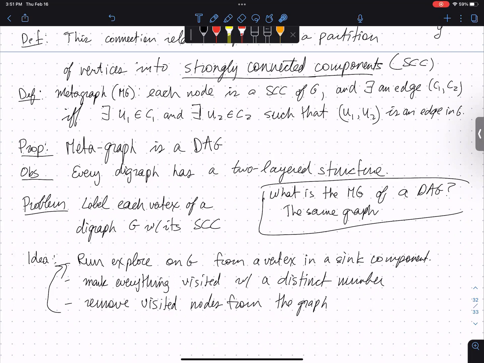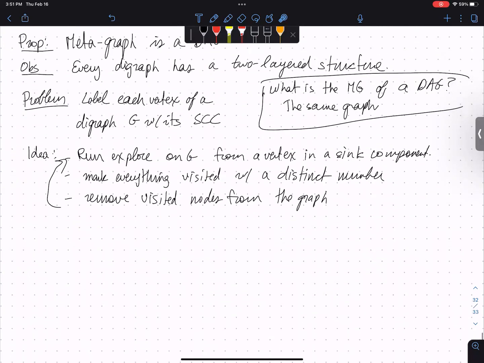Then I'll show you how we can use the same trick to find a node in the sink. So let's think for a moment how to find a node in the source, without looking at the metagraph.